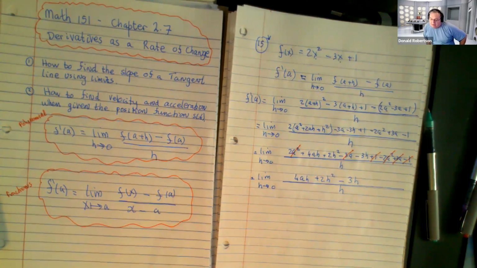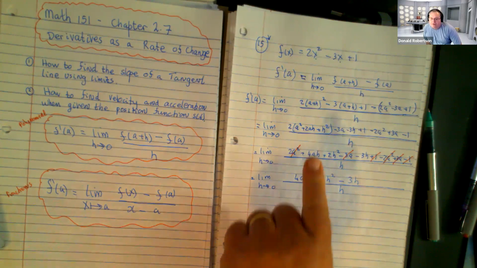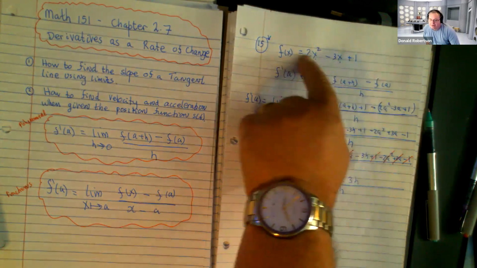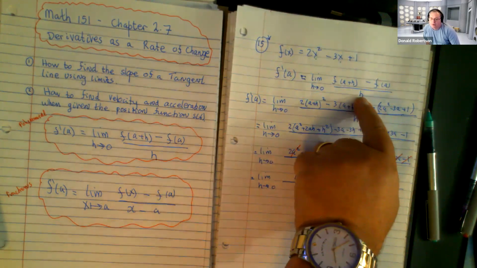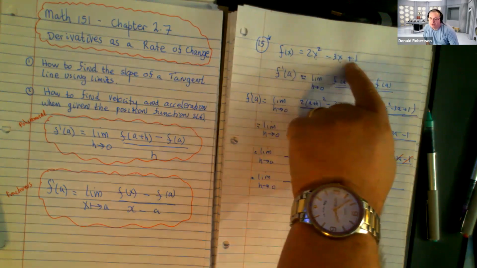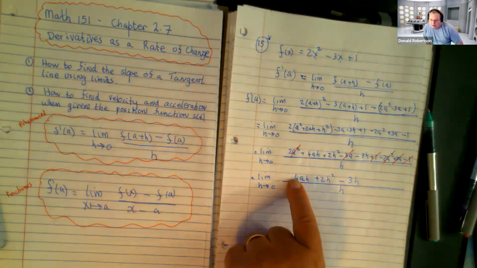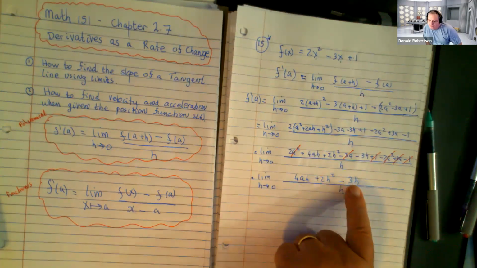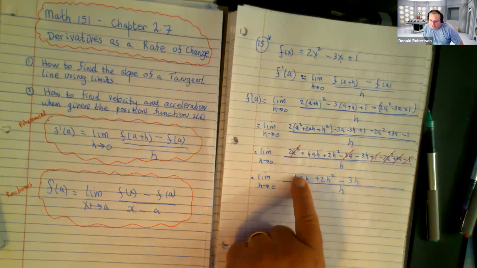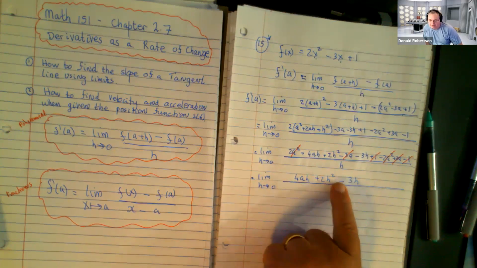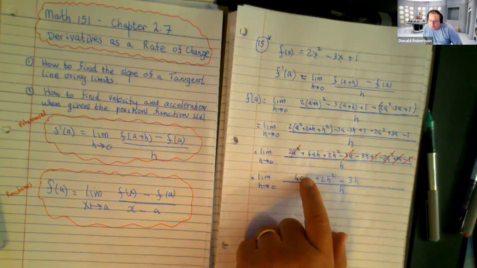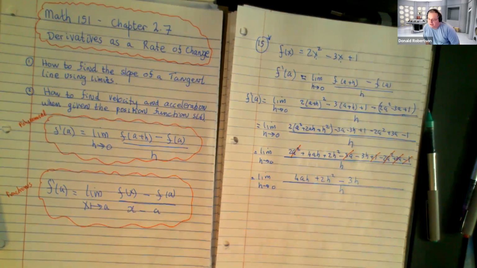Right, that's it. Now, I'm pausing at this point because this is good news. Whenever you do this method, with the h on the bottom, and you do it with a polynomial, once you've gone through all the algebra and collected like terms, anything that's on the top must have an h in it. May have h squareds and other stuff, but it must have at least an h.